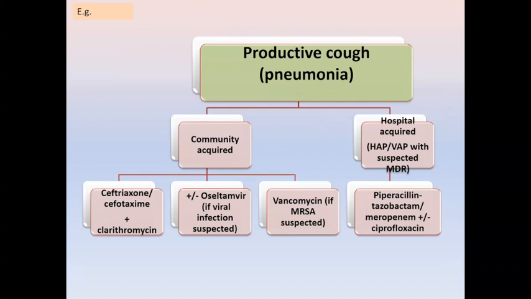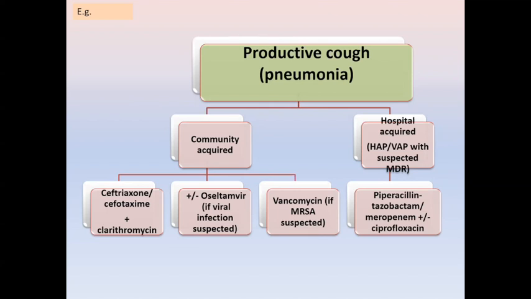And at the moment, as we are having influenza in the country, we have to consider that as well, because unless we have all the investigations available, like at least CRP, white cell count and all, we might have to add oseltamivir if we suspect influenza, if it is an influenza kind of season. And we have to consider vancomycin if we suspect MRSA.